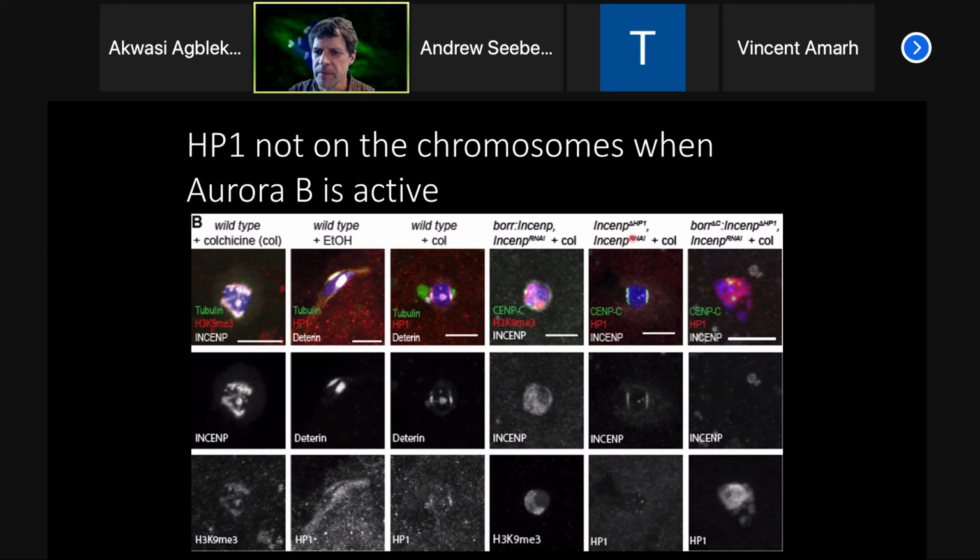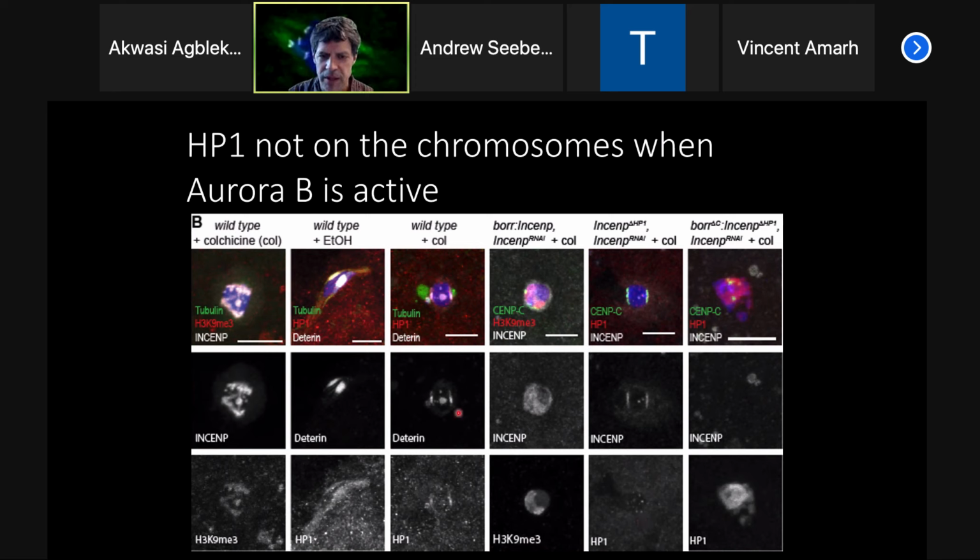So even though it says INCENP delta HP1, that is deleting part of INCENP and not Borealin. So this INCENP genotype can bind HP1 and assemble spindles, and this one cannot. And what you're observing after colchicine is that INCENP moves to the chromosomes, but HP1 does not.